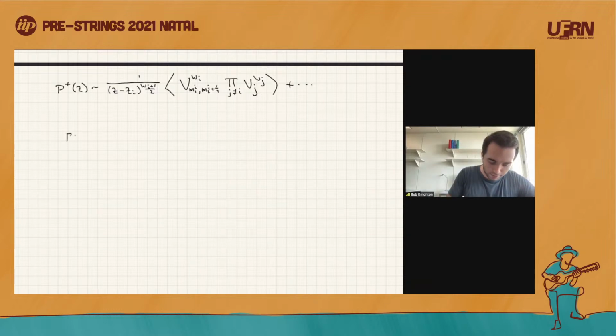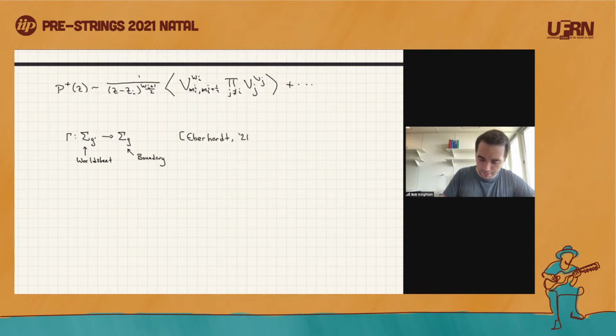And in that case, you do end up localizing to situations where you go from a surface of one genus to a surface of another, where this is the world sheet. And this is the boundary. So this was worked out by Lawrence Eberhardt. And I think it's this year. This paper came out in maybe January or February.